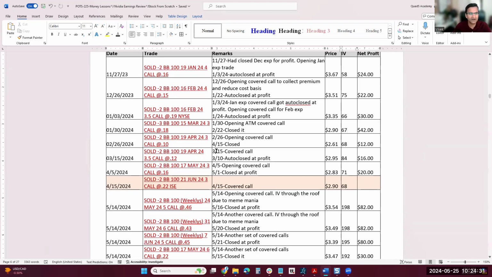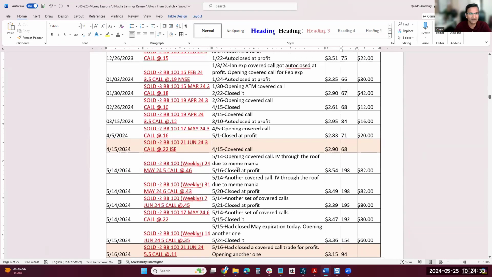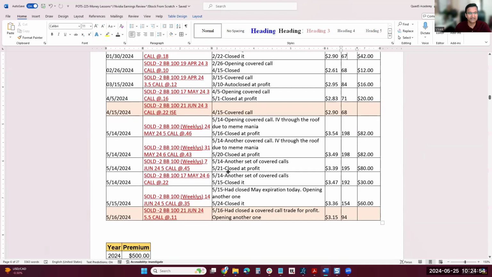If you bought call options during the meme mania, you were paying through your nose because IV was super high. If you're buying LEAP options right now, because interest rates are super high, those LEAPs are pretty expensive. Because we just talked about option pricing in the option bootcamp, I thought I'd give you this example of how to take advantage when the opportunity presents itself.